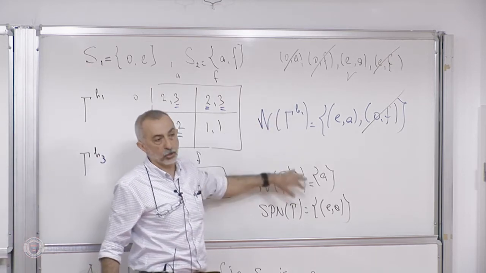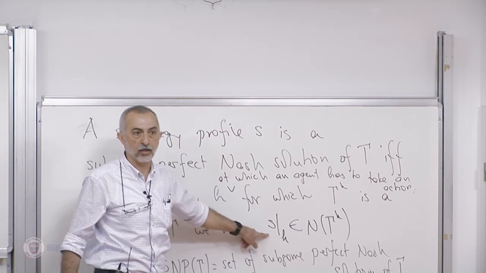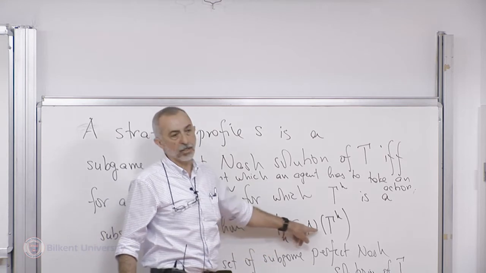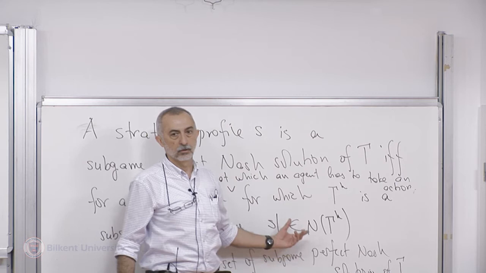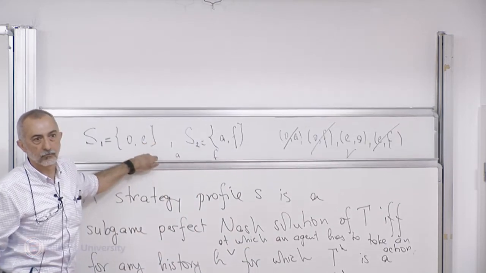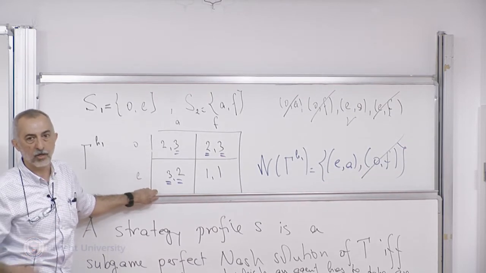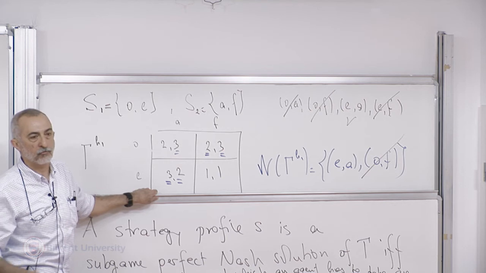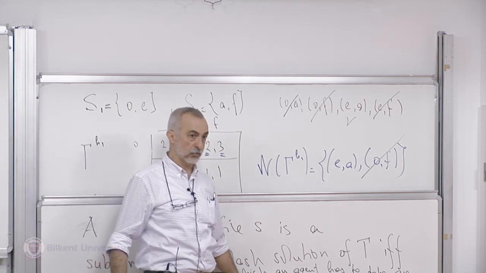So checking this condition, that the restriction of the strategy profile to the subgame be a Nash solution of the subgame, was not a big problem. But in other games, that could be cumbersome. There could be many Nash solutions in the subgames, and then you have to find strategy profiles which satisfy this for every subgame, which is not much fun.